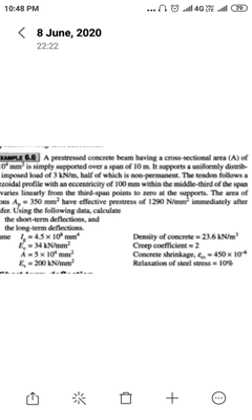So initially, the stress is given: 1290 Newton per mm square. So load is equal to stress into area.